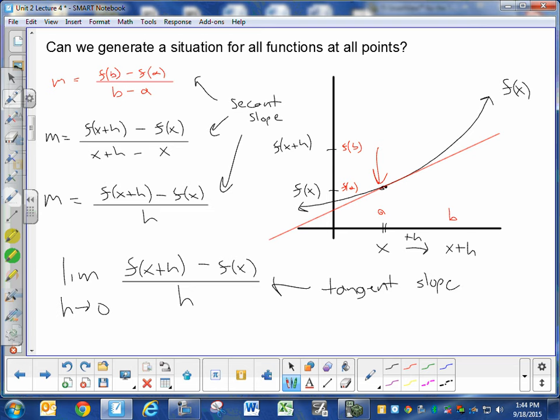This is my magical tangent slope formula. This is what I'm going to be able to use to find the tangent slope of a function anywhere, so I don't have to use my calculator. Okay? This will help me figure things out. No calculators needed.